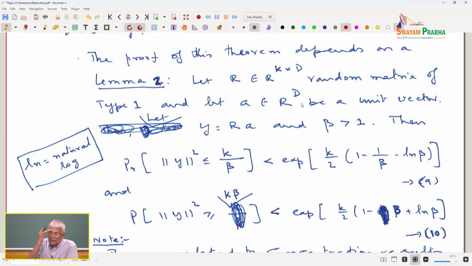So I have a lemma. Now, some of you may know in mathematics, we sometimes use the word property. We use the word fact. We use the word theorem. We use the word lemma. So what is the difference between a theorem and a lemma? A theorem is generally a grand result.